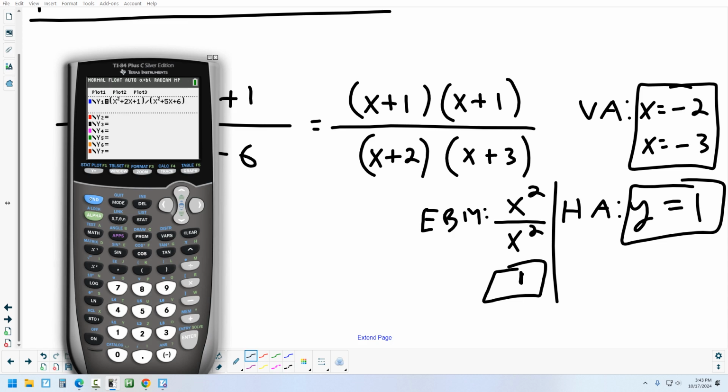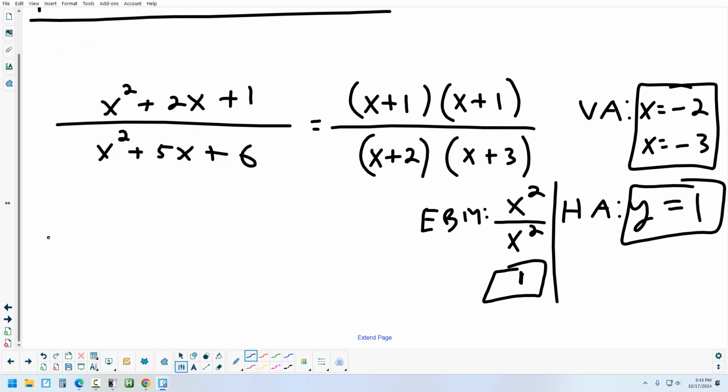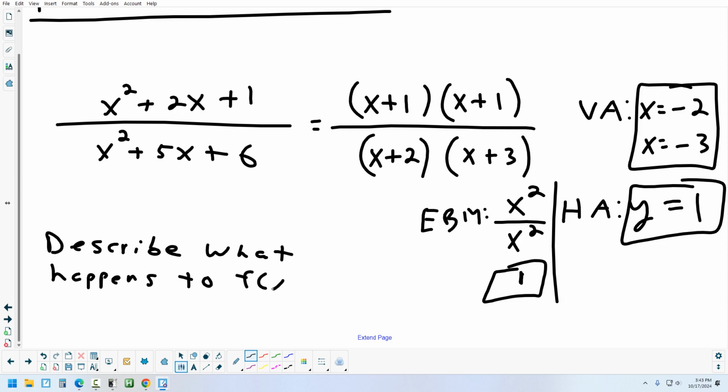Okay, let's go to our table. Now, we can check if we want to make sure we found the right numbers for asymptotes. -3 gives me an error, and -2 also gives me an error. So what I want to do is, let's describe what happens to f of x as x approaches, let's say, -2 from the positive side.